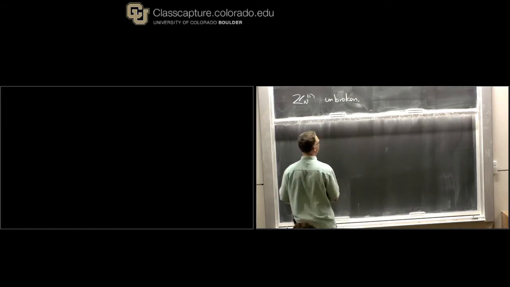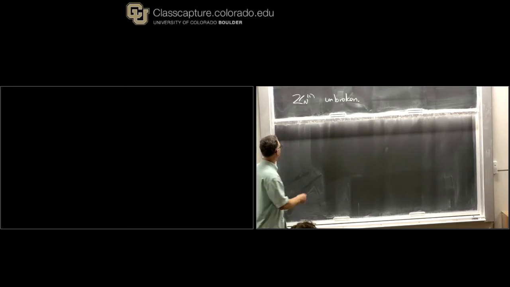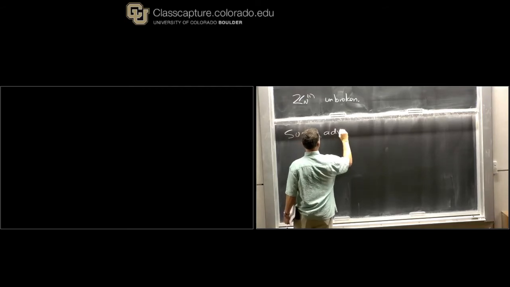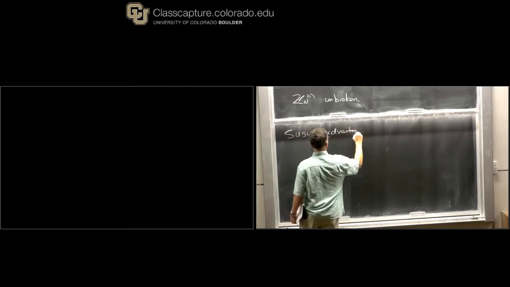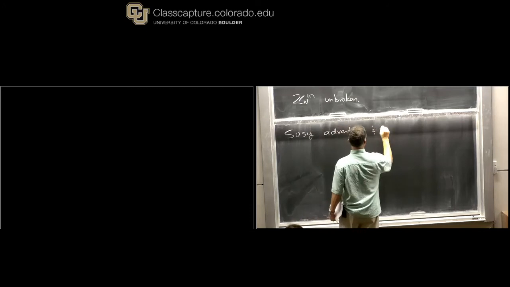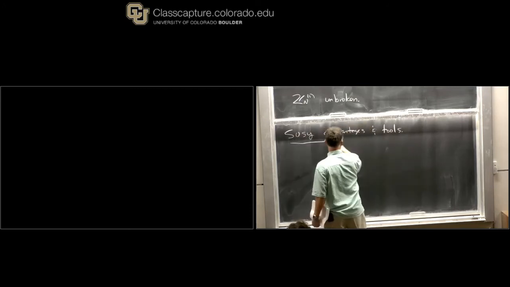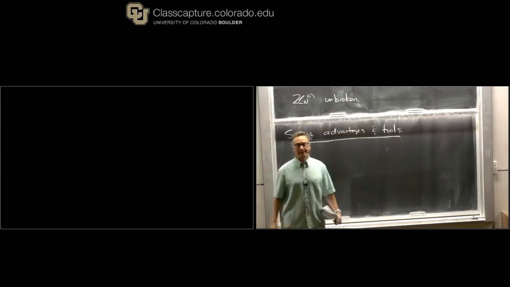Yeah, so I wanted to now start to talk about the supersymmetric theory. So, SUSY advantages. In the supersymmetric theory, we have some additional tools. And this is related to Nadi's discussion yesterday about kinematics versus dynamics.